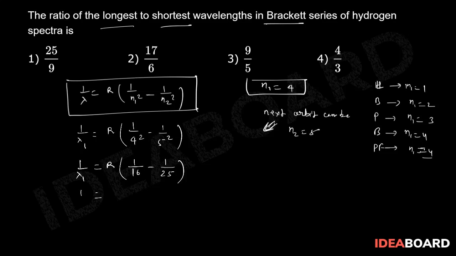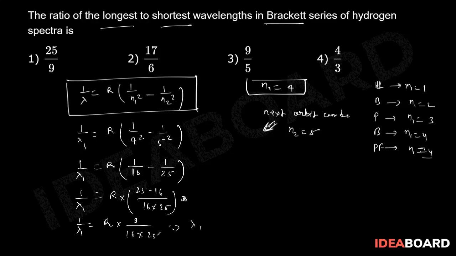This will be 16 into 25 in the denominator and the numerator will be 25 minus 16, which gives 1 upon lambda 1 is equal to R into 9 divided by 16 into 25. From there lambda 1 will be equal to 25 into 16 divided by 9R.